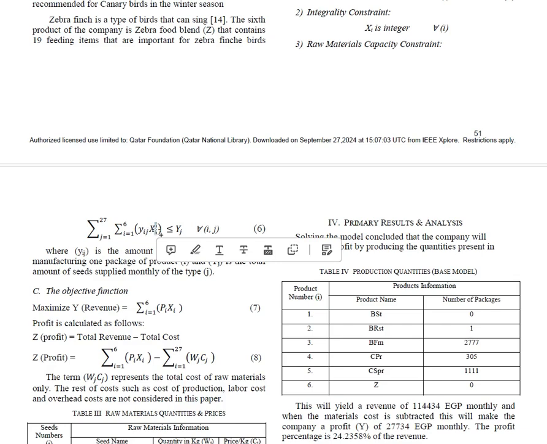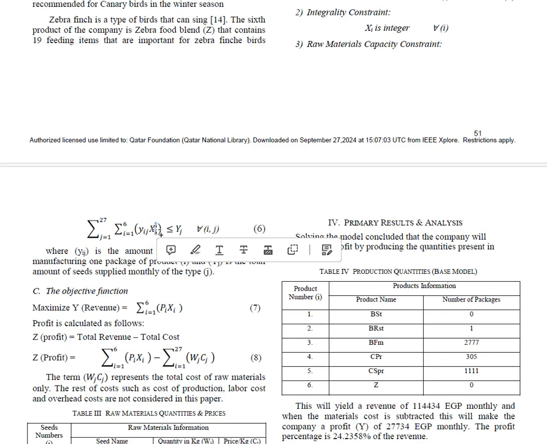So if I need 10 grams of raw material 1 to produce one package of product 1, and I produce 10 packages, I will multiply this 10 grams by 10, the number of packages that I'm producing. So the total raw material needed of this raw material would be 100 grams. 100 grams used to produce 10 packages. Okay, so this is the thing here.